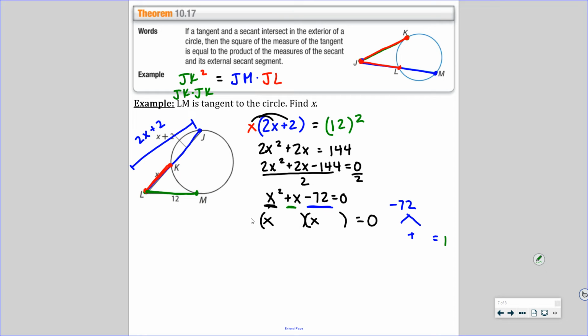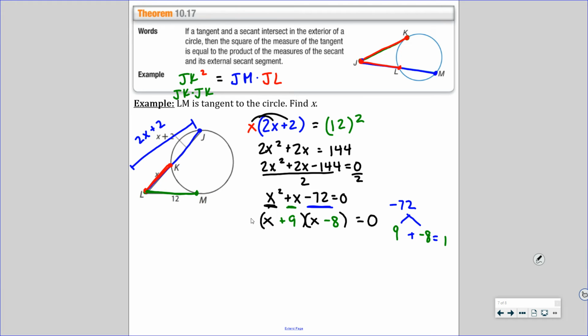So think of some ways to multiply to negative 72 in your head, and keep thinking of factors of 72 until you find ones that add to 1. Ben, you think you found this already? Yeah. What do you got? 9 and negative 8. Okay, let's try this. Guys, is 9 times negative 8, is their product negative 72? Yeah. Okay, good. Do they add to 1? Yeah. Good. So you found those. So that's what goes here. Plus 9 minus 8. This is called factoring.